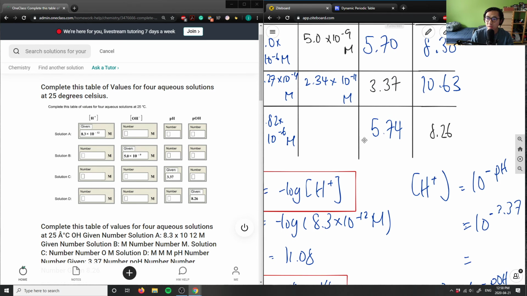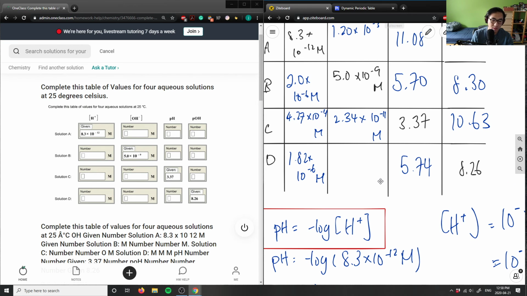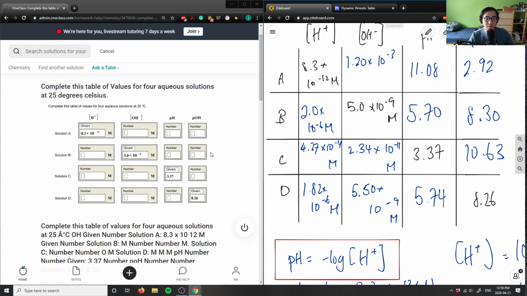And then finally, I can do 10 to the power of negative pOH, which is 8.26, to solve for my hydroxide ion, which is 5.50 times 10 to the negative 9 molars. So this completes my entire table of these solutions.